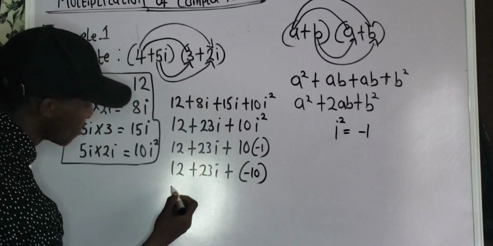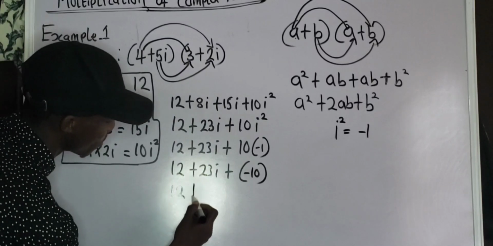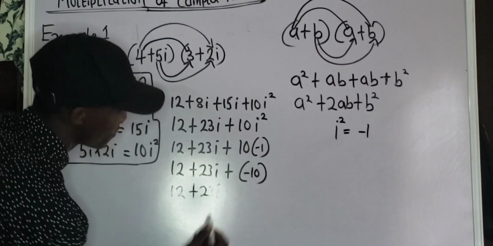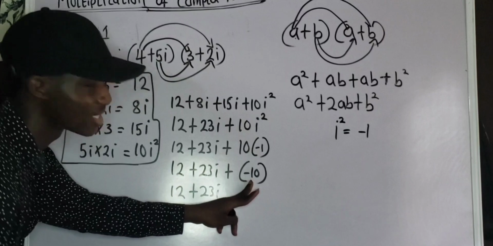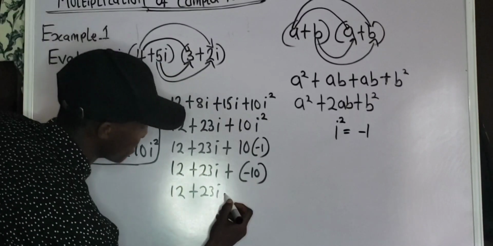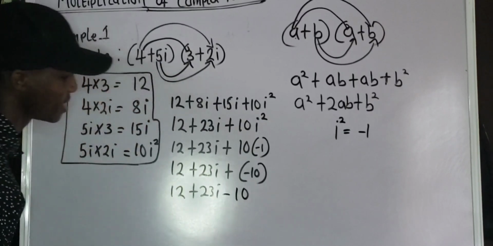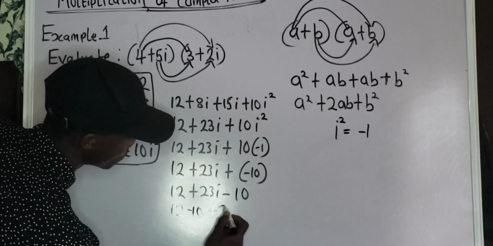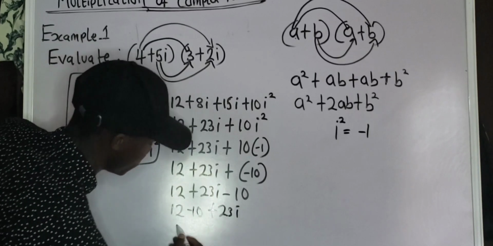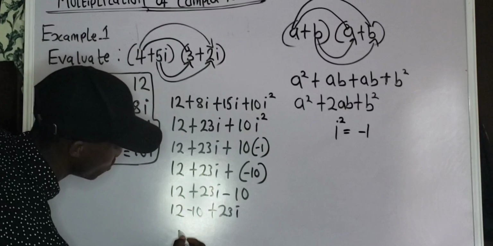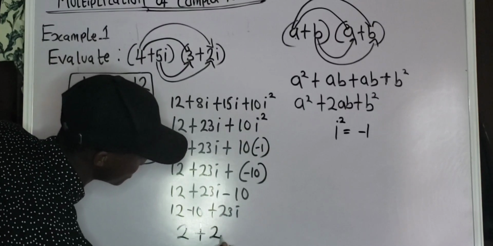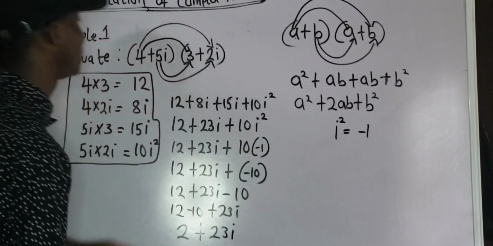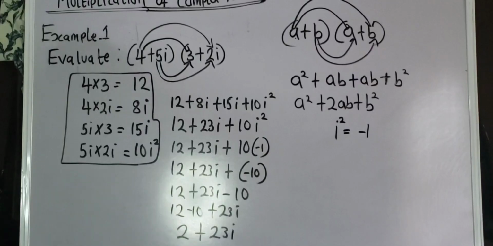So for like terms, I'm going to have 12 minus 10 plus 23i. 12 minus 10 is 2. So 2 plus 23i. You understand? So the evaluation of this is what? 2 plus 23i.